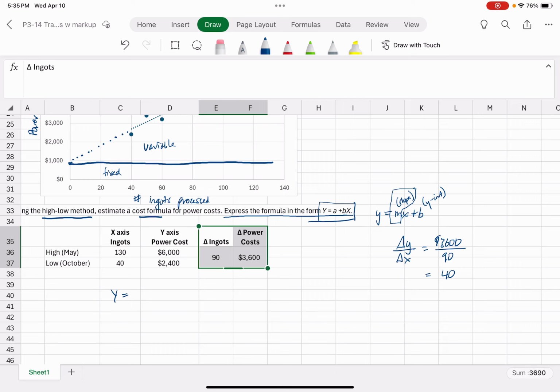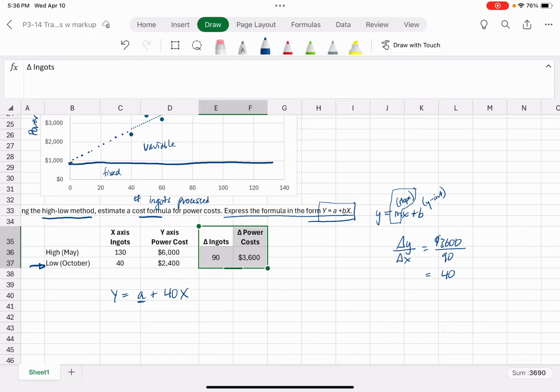Putting that into the cost formula, y equals a plus 40x. So again, thinking back to your math class, in order to solve for a, we need to take one of these 2 points and just insert it into the formula. So let's just take the low for October.